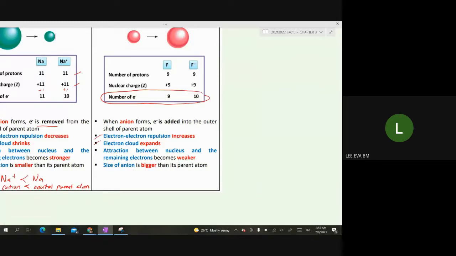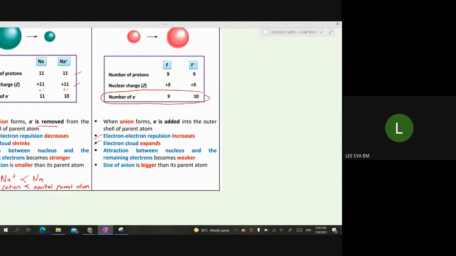So the attraction over here becomes weaker because your electron cloud expands and repulsion is greater. Therefore, attractions will go the opposite way. It will become weaker. So since the attractions become weaker, the size will increase. Okay, the size of the negatively charged ion will become bigger than the neutral parent atom.